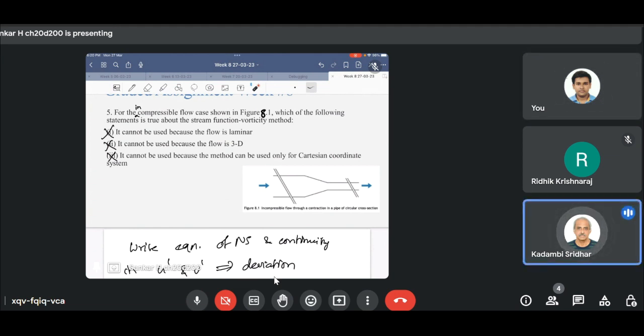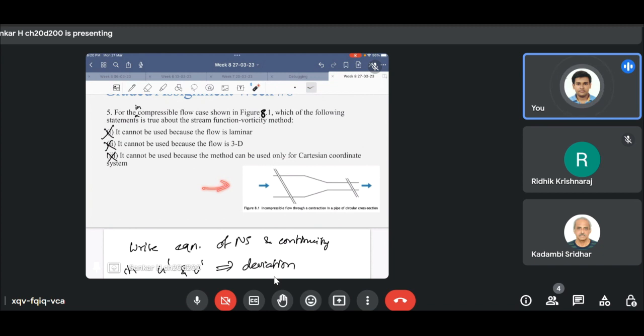Just a general question. I know I've come across many occasions where we say we take 2D, but practically, where will you get 2D flows? Any cylindrical pipe flow such as the one shown here in the figure is a perfect example of a two-dimensional flow. We will more easily be able to find two-dimensional flow than an actual three-dimensional problem.